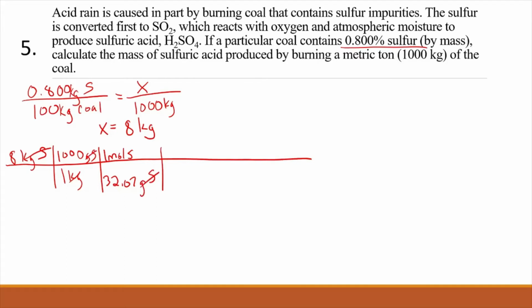And then from looking at the formula for H2SO4, we see that there's 1 mole of sulfur. That needs to go on bottom because we want to cancel it out. 1 mole of sulfur, that's in 1 mole of H2SO4. So moles of sulfur cancel.